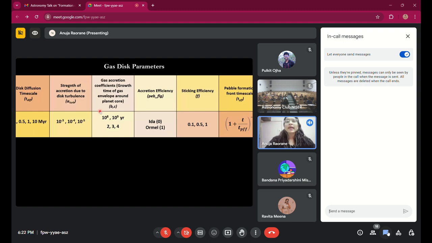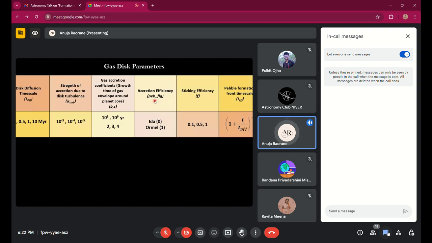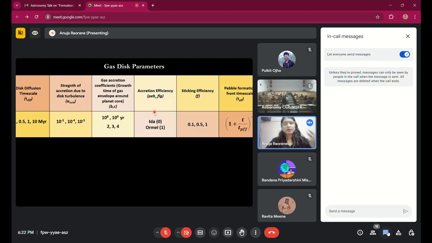Then, what are the different coefficients that help in the formation of the gas envelope? Accretion efficiency. When I'm talking about accretion, there are different mechanisms that take place. We only took two. One was Eda's prescription, and the other Ormel's. These are two different groups, and they give two different accretion mechanisms, and both of them have different efficiencies.